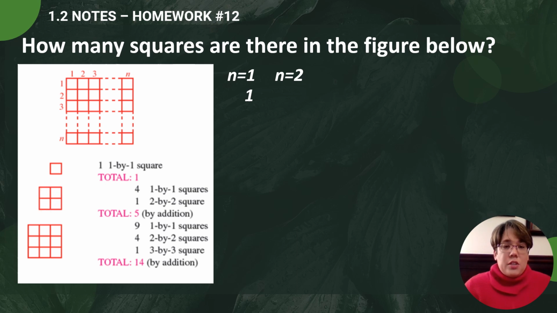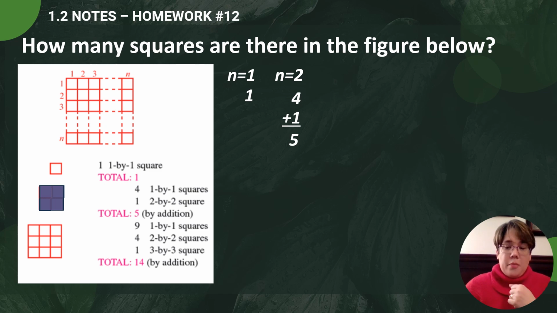If you have a 2 by 2, then you're going to have 1, 2, 3, 4 little bitty 1 by 1 squares. So you're going to have 4 of those. Then you're going to have 1 big square, which is a 2 by 2 square. So it turns out you're going to have 5 squares total.